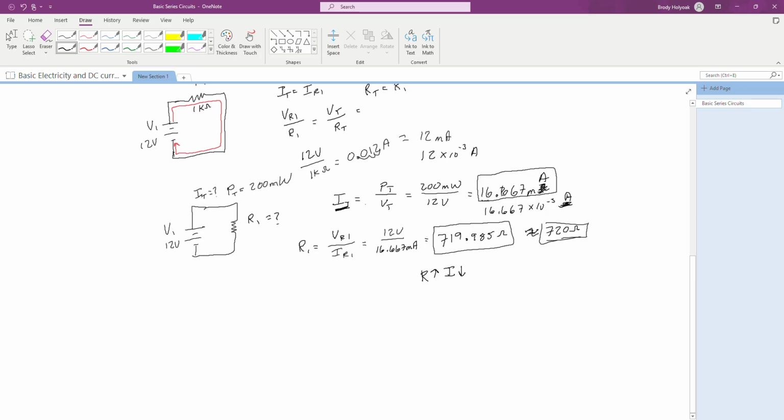So this might plug it into a little bit closer to like 16.5, 16.4 milliamps, somewhere in that realm if we use just the 720 versus the 719. But either way, no matter how we do it, no matter how we look at this problem, it's really, really easy as long as we have 2 parts of the problem. If we have voltage, current, power, or resistance, as long as there's 2 of them, we can solve the rest of the values. Does not matter.